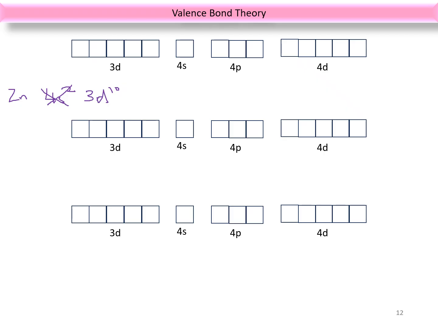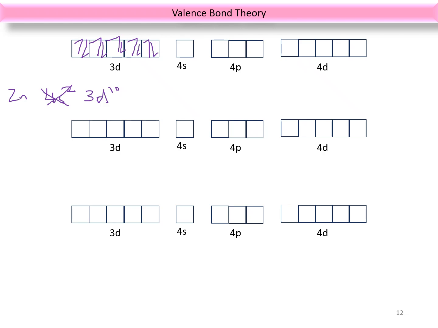The right way is you have to fill in every orbital with a single electron first, followed by completing the orbital. So the 3d orbitals in zinc 2 plus are fully filled up.